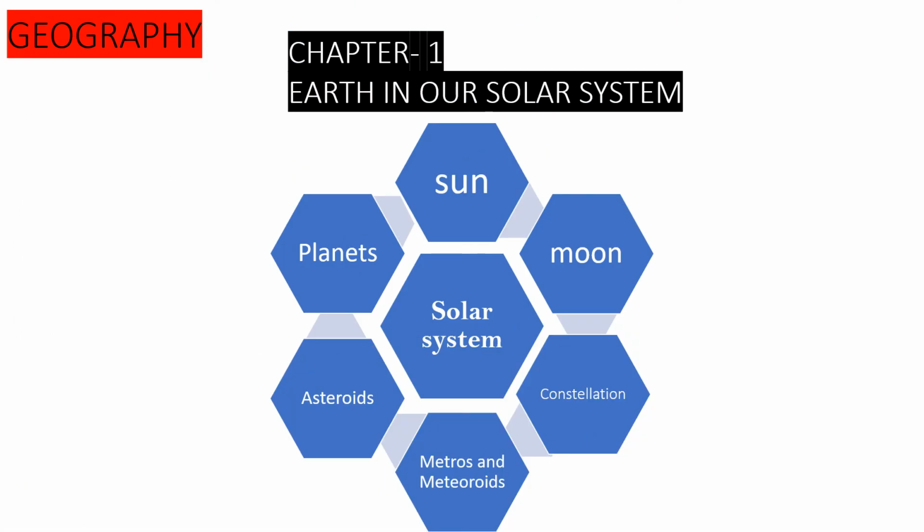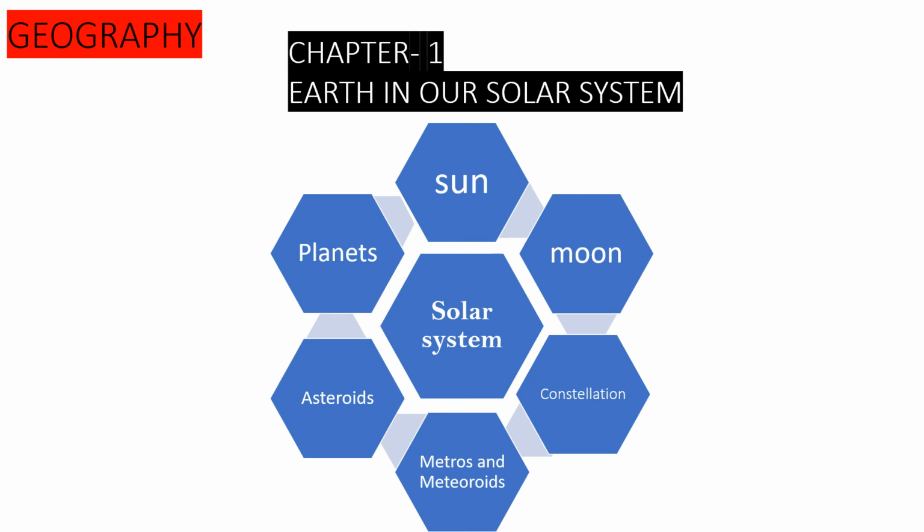In this class, we'll be continuing with our geography chapter 1, Earth in our solar system. From our last two classes, we are continuing this chapter and we have learned and explored many things. And we have also taken out certain things that we'll be learning in the chapter, that is the sun, moon, constellations, meteors and meteoroids, asteroids and planets.